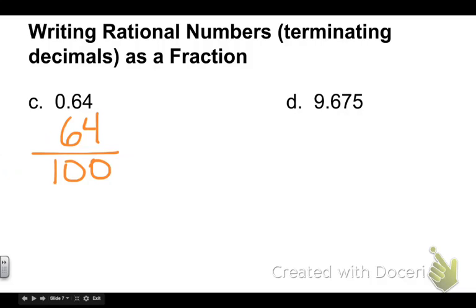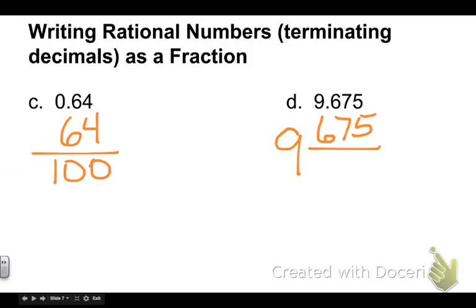Alright, so if you want to write D as a fraction, and it's perfectly fine if it's written as a mixed number, right? But the same thing, it's 9 and 675 thousandths. So again, that's 9, whole number 9, and 675, whatever that decimal is, that's what's going to go in your numerator.